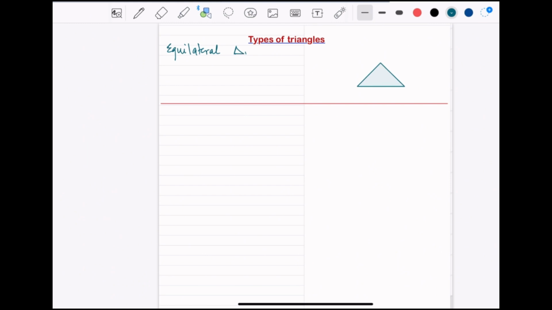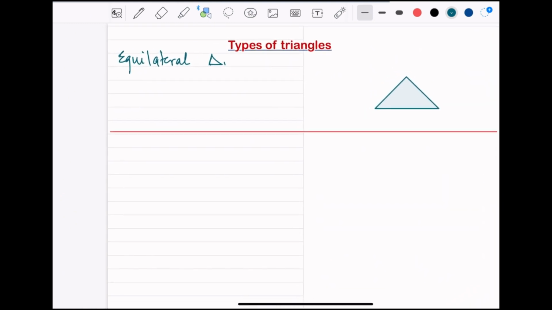It will look like this. Now if I do some labeling here, note that these three markers that I've placed on the sides represent that the three sides are equal to each other. I can label this A, B, and C.